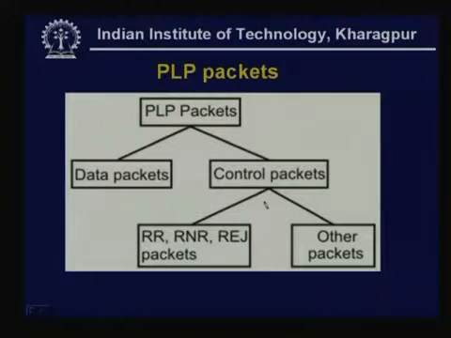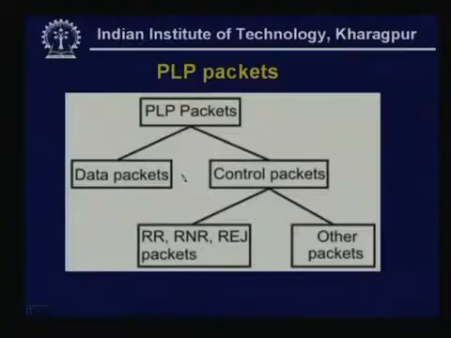Now let us focus on the different types of packets used in the packet layer. As I mentioned, the packets can be of different types. Broadly, they can be divided into 2 types: data packets and control packets. Data packets are essentially used for sending the user data.